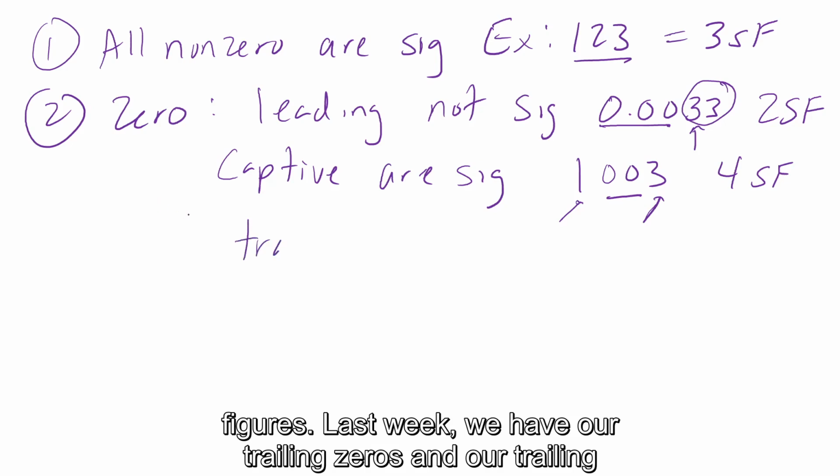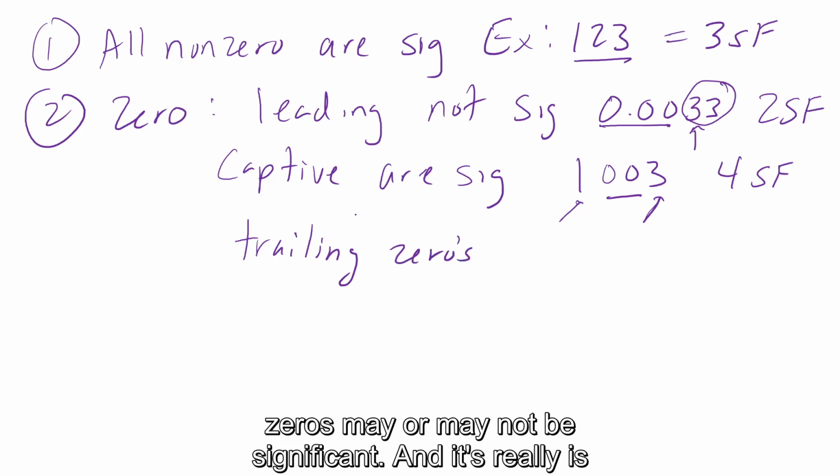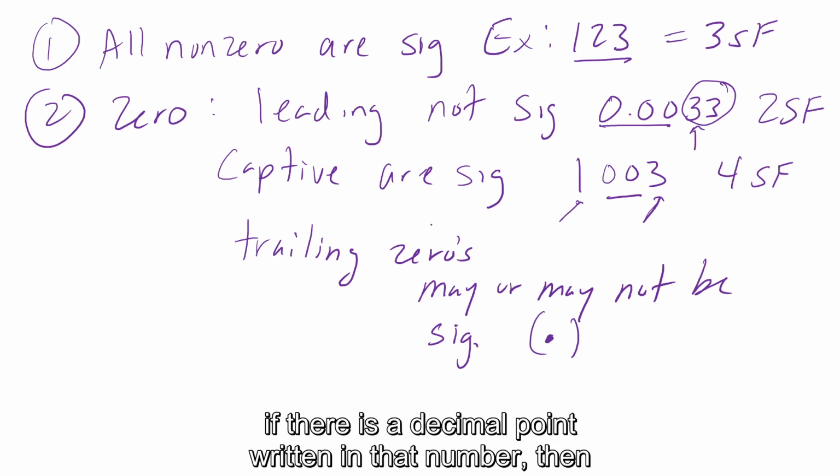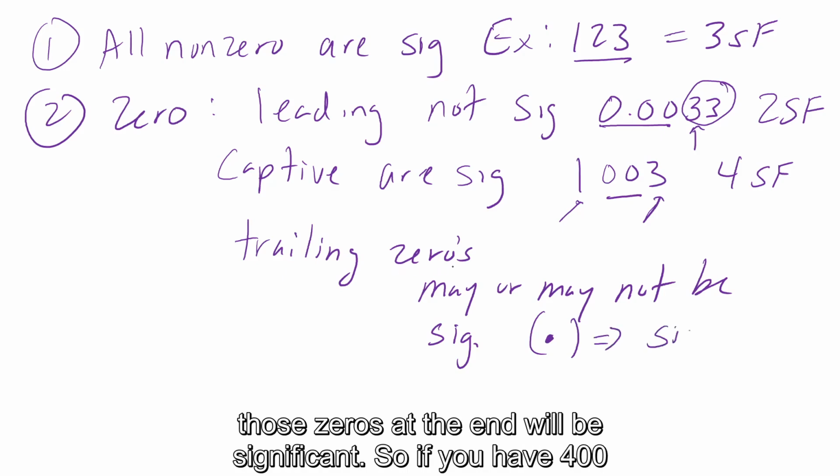Lastly, we have our trailing zeros. And our trailing zeros may or may not be significant. It's really: is there a decimal point written in that number? If there is a decimal point written in that number, then those zeros at the end will be significant.